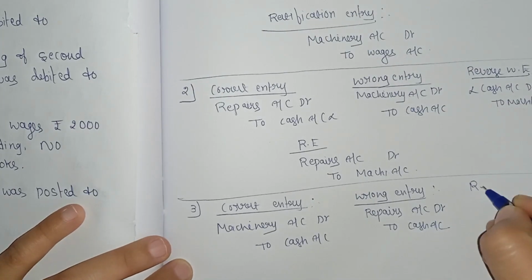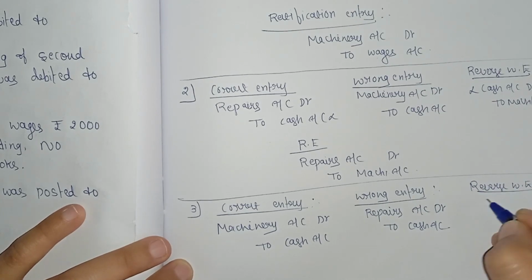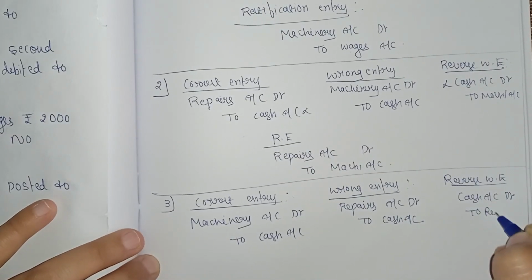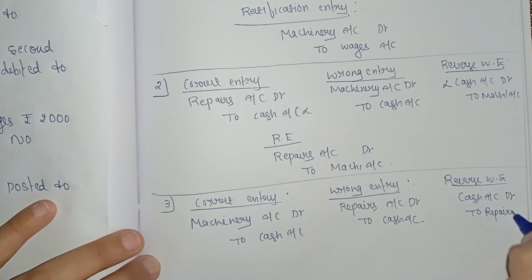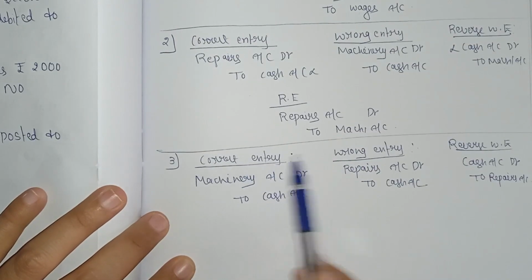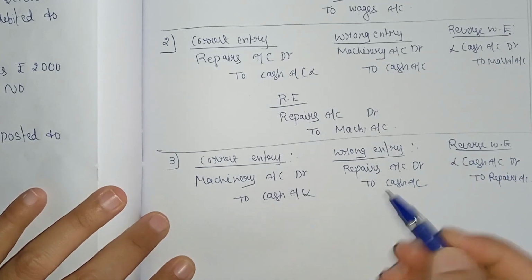Third step, reverse which entry? The wrong entry. So cash account debtor to repairs account. Now compare the correct entry and reverse the wrong entry. Here cancel cash account.